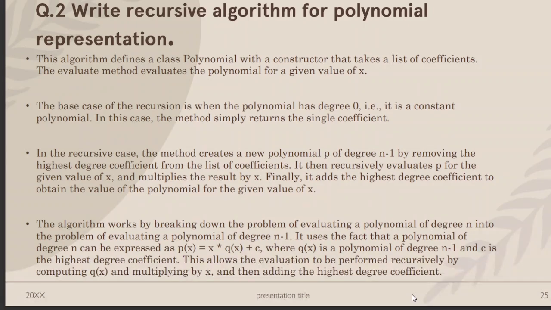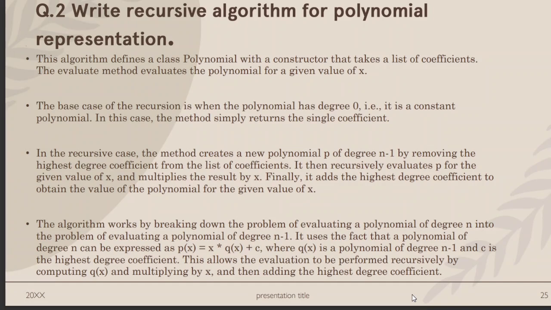It then recursively evaluates p for the given value of x and multiplies the result by x. Finally, it adds the highest degree coefficient to obtain the value of the polynomial for the given value of x. The algorithm works by breaking down the problem of evaluating a polynomial of degree n into the problem of evaluating a polynomial of degree n-1.